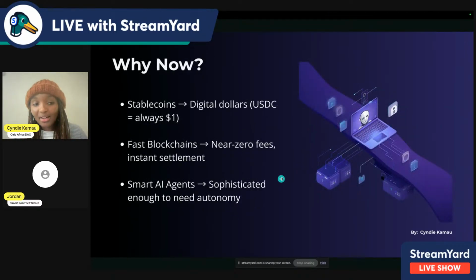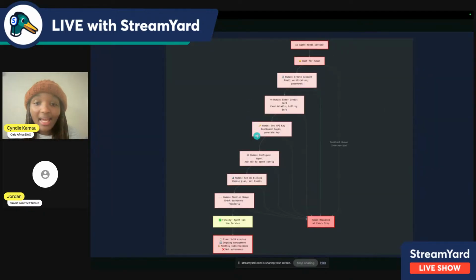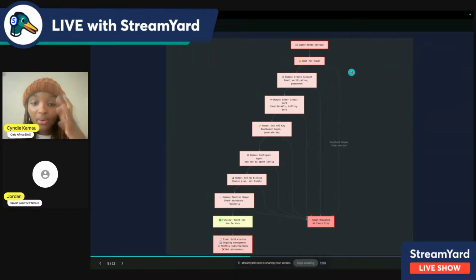And then, yeah, so why now? Because we now have stablecoins, and blockchains are becoming super fast with the layer twos, and we also now have the agents. And as I said, these are the steps that we needed. Pre-x402, an AI agent would need to wait for a human being to do the normal things: create an account, input your credit card, pick a subscription package, set limits, and so on, before it can actually access the API key, right?